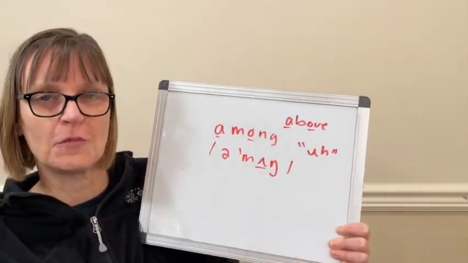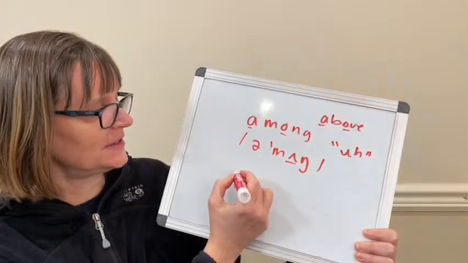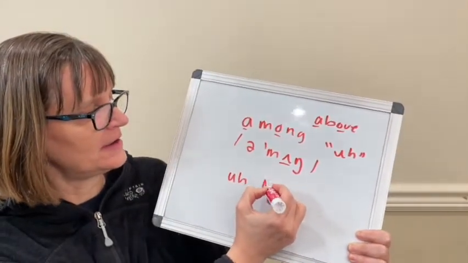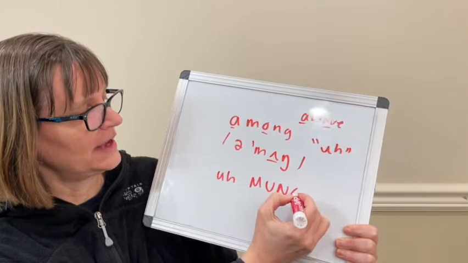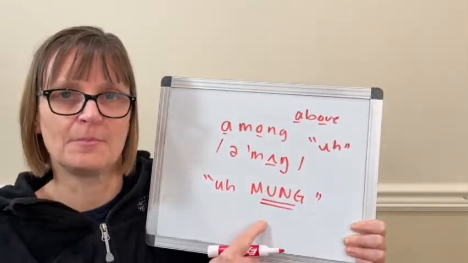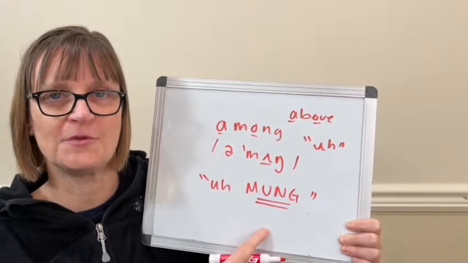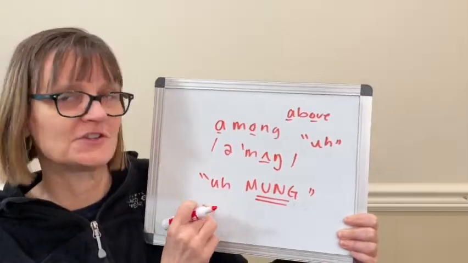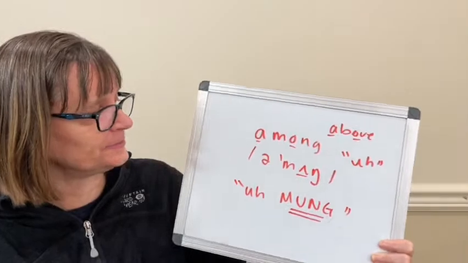One will be short and one will be long depending on what's stressed. So thinking about among, I would write it more like this. And to practice, I would start on the stressed syllable, mung, among. That's going to help you get the rhythm and help you get that unstressed short sound at the start.